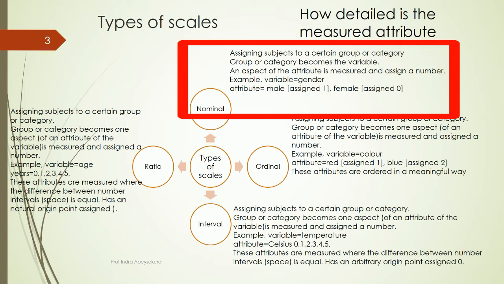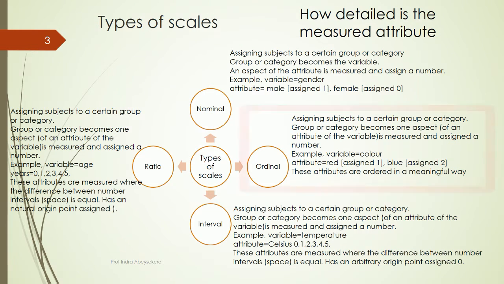Gender is conceptual. A gender attribute could be male and female. We can assign 1 for male and 0 for female. So we nominate numbers.